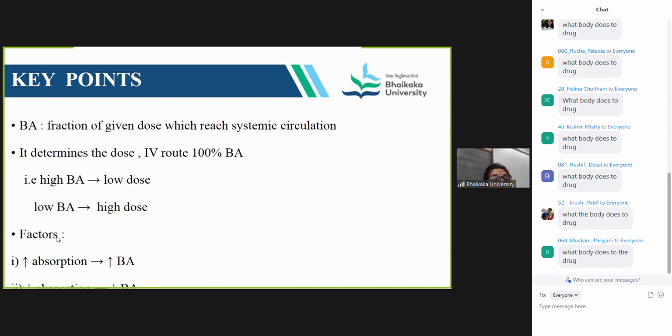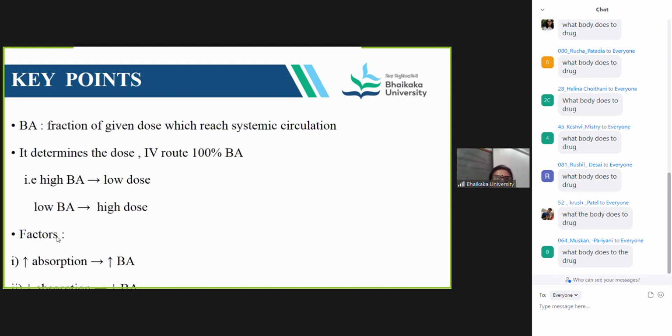Lastly, what are the key points which you all have to remember? I told you about the kinetic definition and the various mechanisms of transport of drugs. Then I told you regarding the factors affecting absorption. There are 12 or 13 factors which you have to remember, one line for each factor and its relevance.